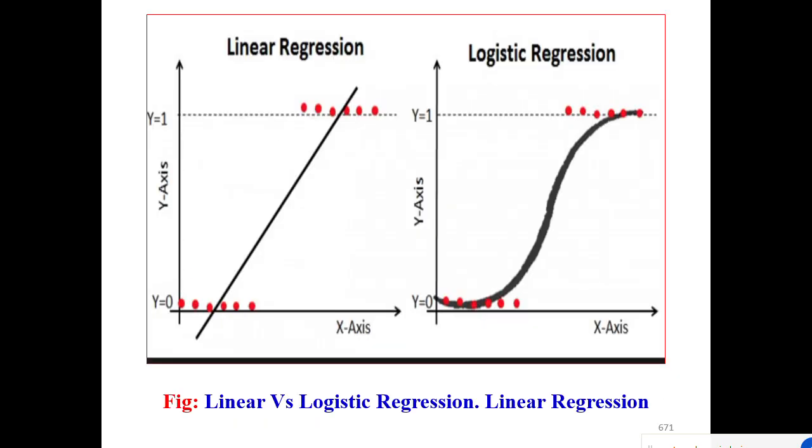Like if you see the example in linear regression, we have a straight line and we have x-axis, y-axis. So here in logistic regression we have a curve. Here the output values are ones and zeros. So here the values are different coefficient values.